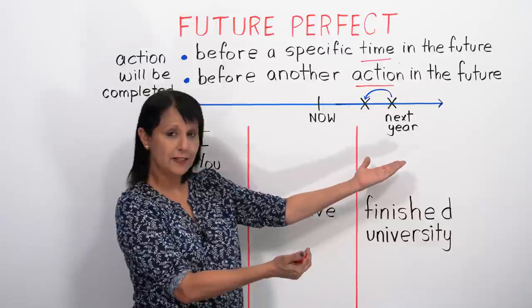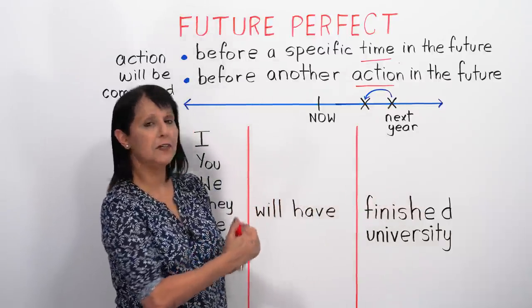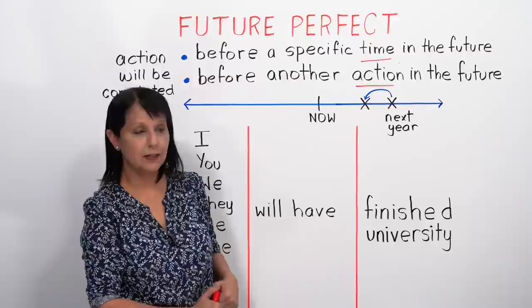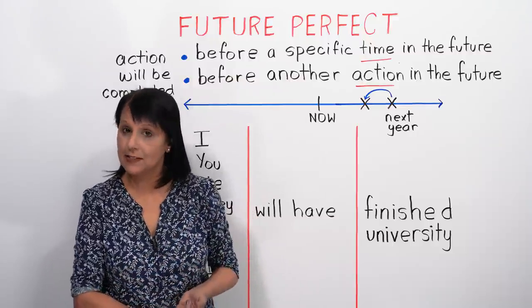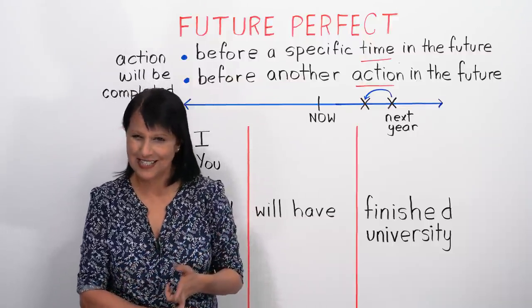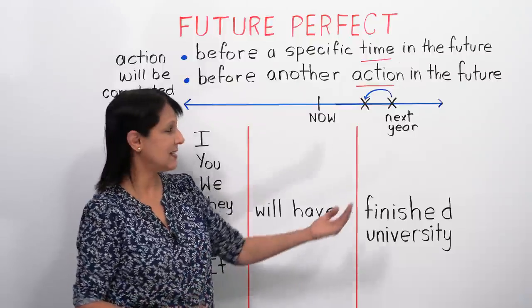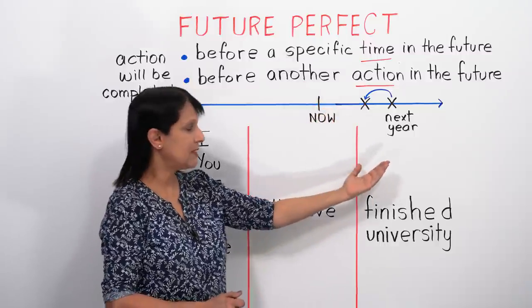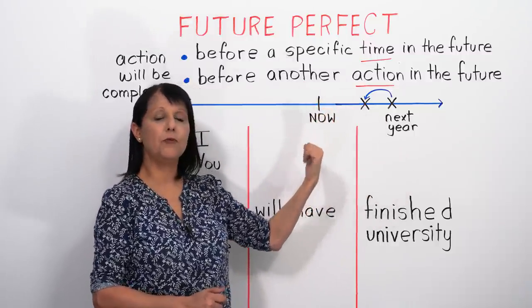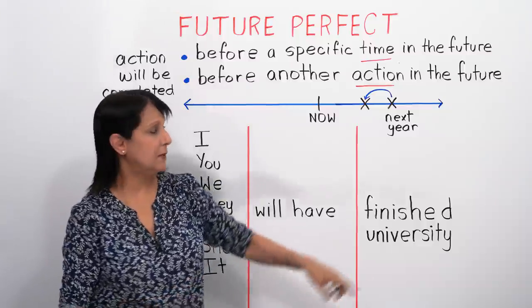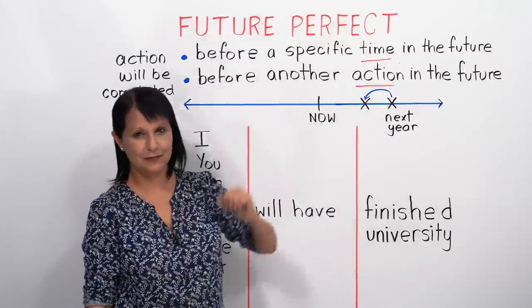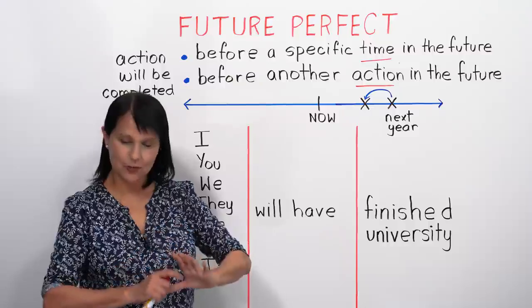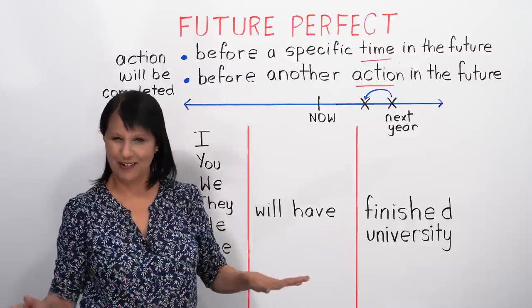Next year, at this time, I will have finished university. I will have completed all my classes. I will have passed all my exams and all of those things. So what we're doing is we're using the future perfect to explain all the things that will already be finished before a point in the future. Okay? And as we go along, you'll understand more and more.